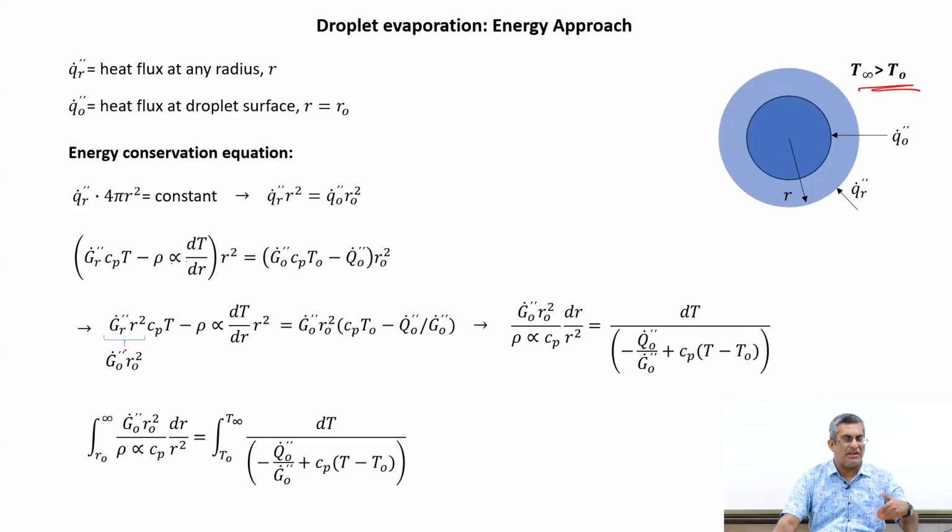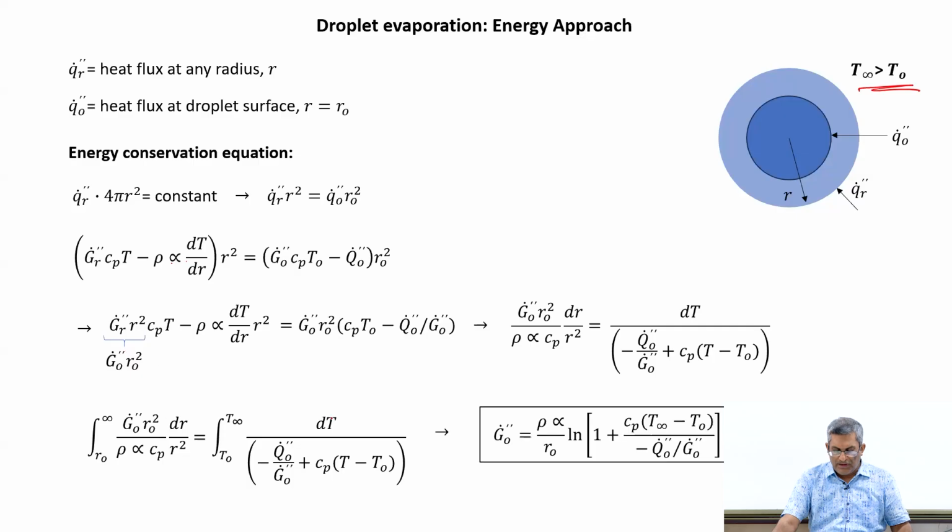So now you integrate, and the integration is from T naught to T infinity now. Okay, and then we get an expression which is very similar to what we got earlier.